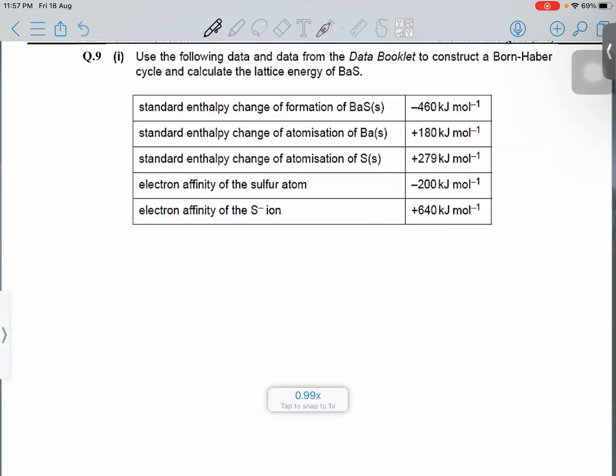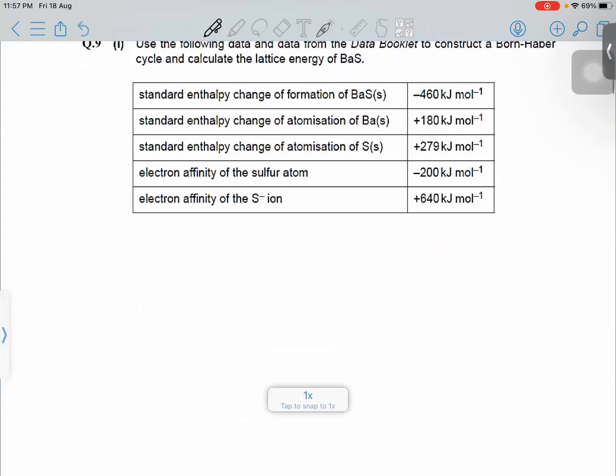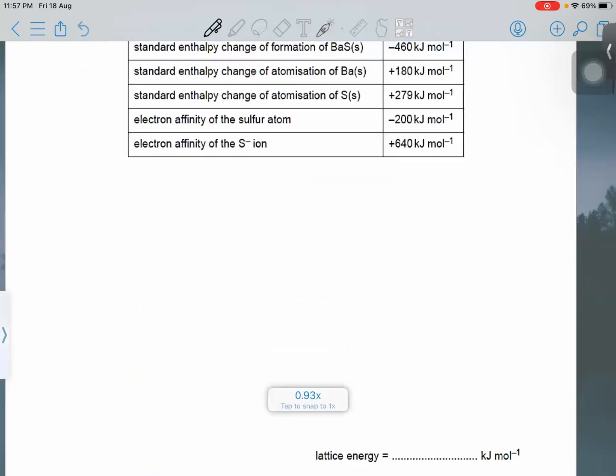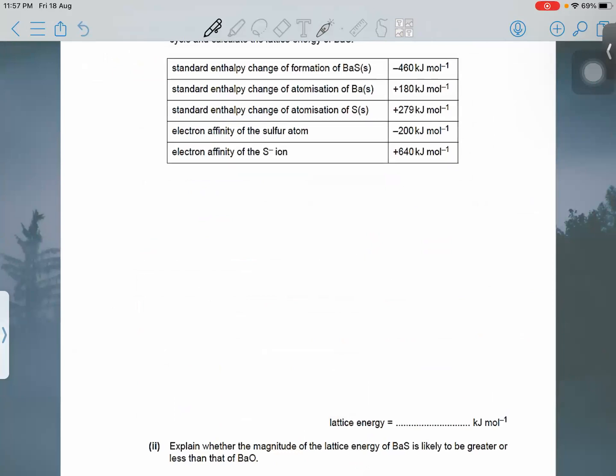Now this is question number 9. Draw the bond cycle. Alia, can you help me to solve this question along with the bond cycle? Yes, sir. We'll start with Ba solid.